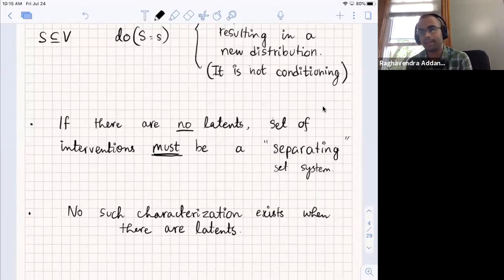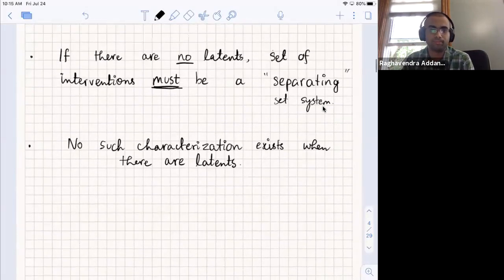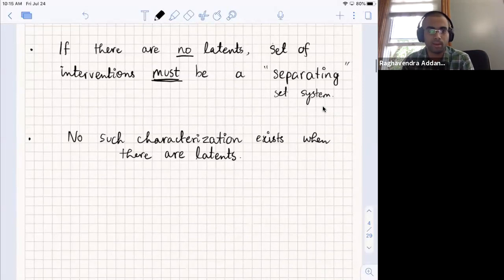The main problem being latents are not very well modeled, and even when we model them, almost all the known results are over ancestral graphs, and not much is known about causal graphs, even under the semi-Markovian assumptions. So the goal of this is to understand the case of latents better.